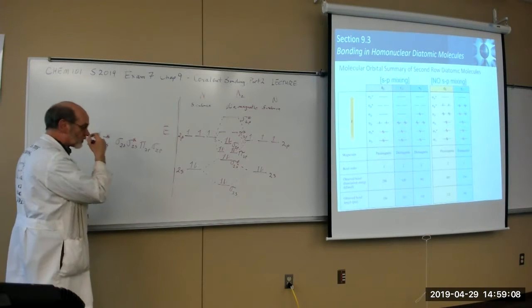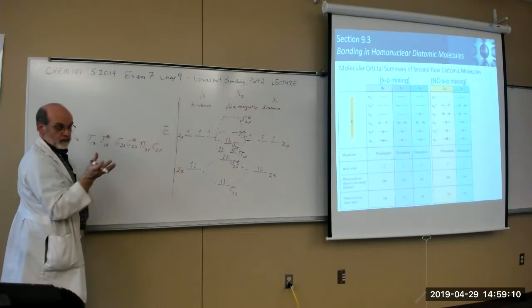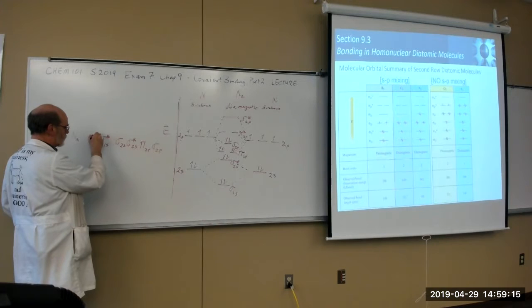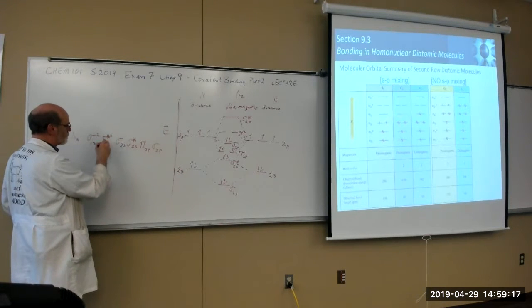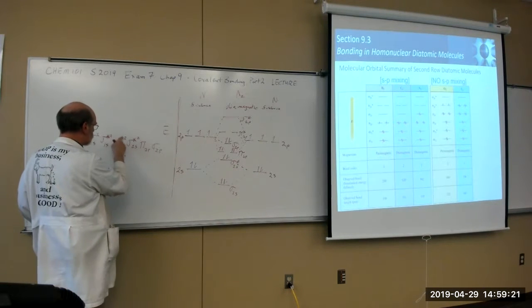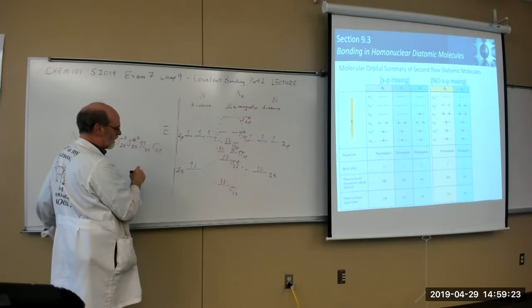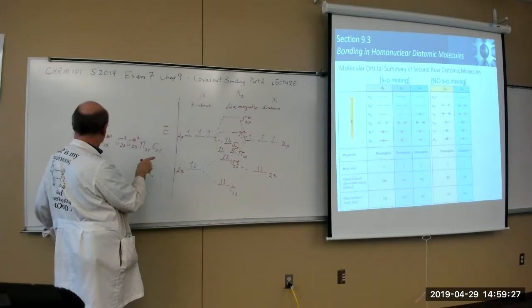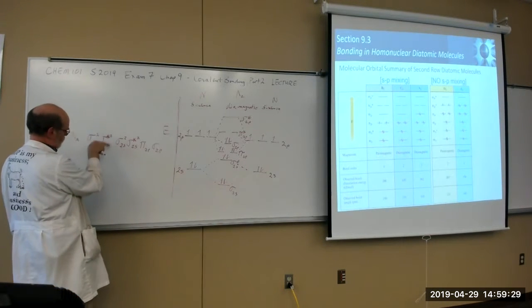But we need to put our electrons in there. So they go in here just like we did with our electronic structures for atoms. They go up here. So sigmas can hold 2, 2, 2, 2 maximum. 2, 4, 6, 8. And then we have 10. Oh, we got 4 extras here.